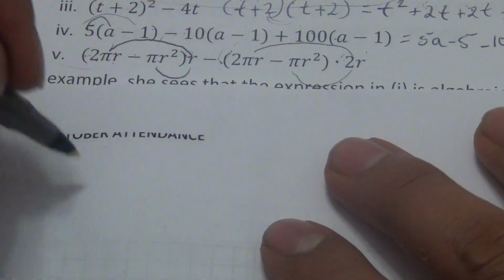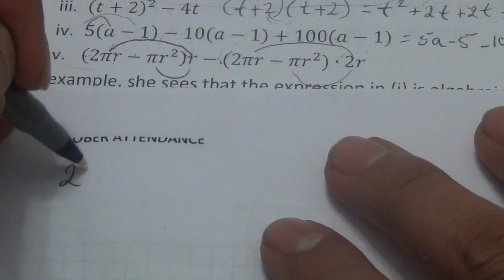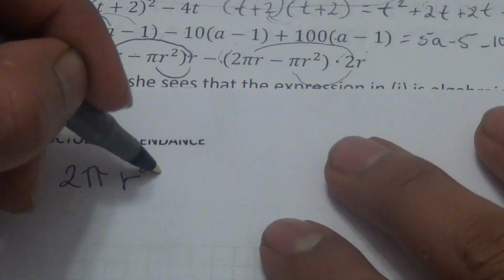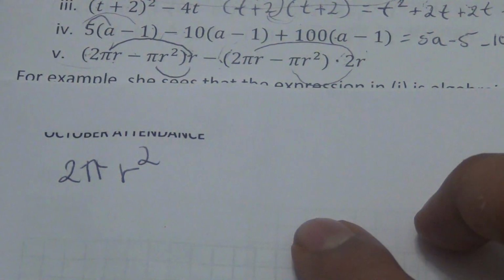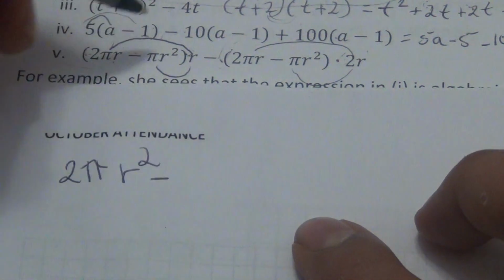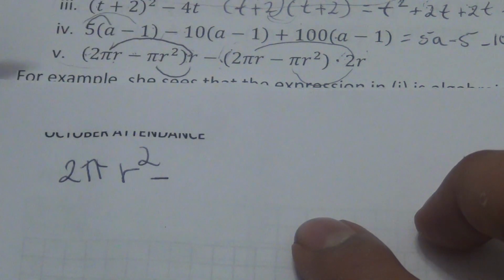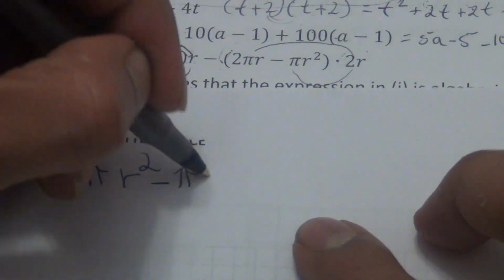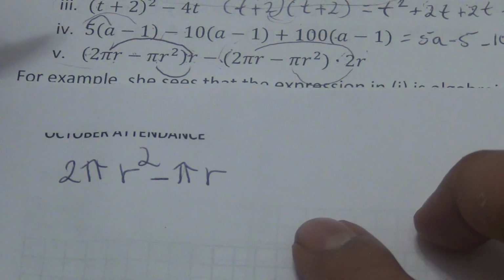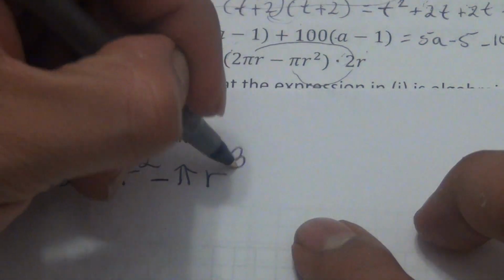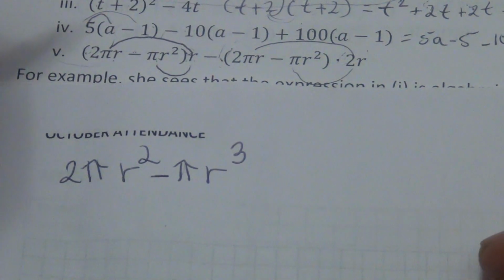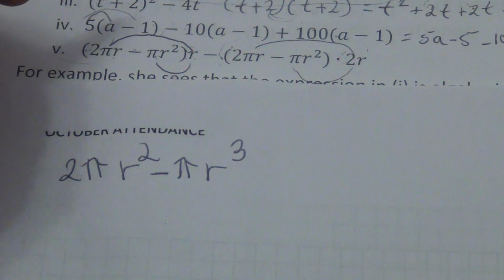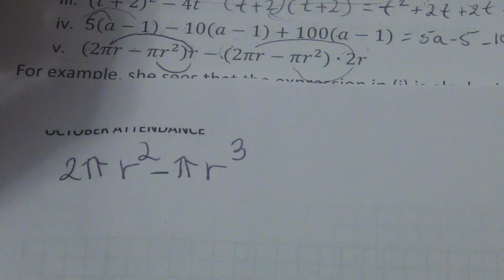So we have 2 pi r to the second power. Positive times negative, negative. So r times pi r squared is going to be pi r to the what power? Exactly. Finally, you're getting it. Now, we're going to do the following.